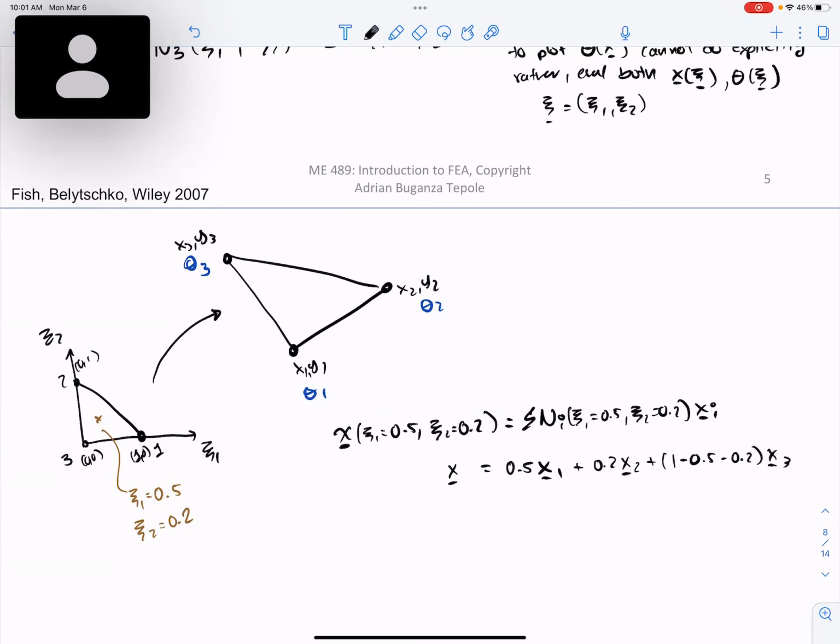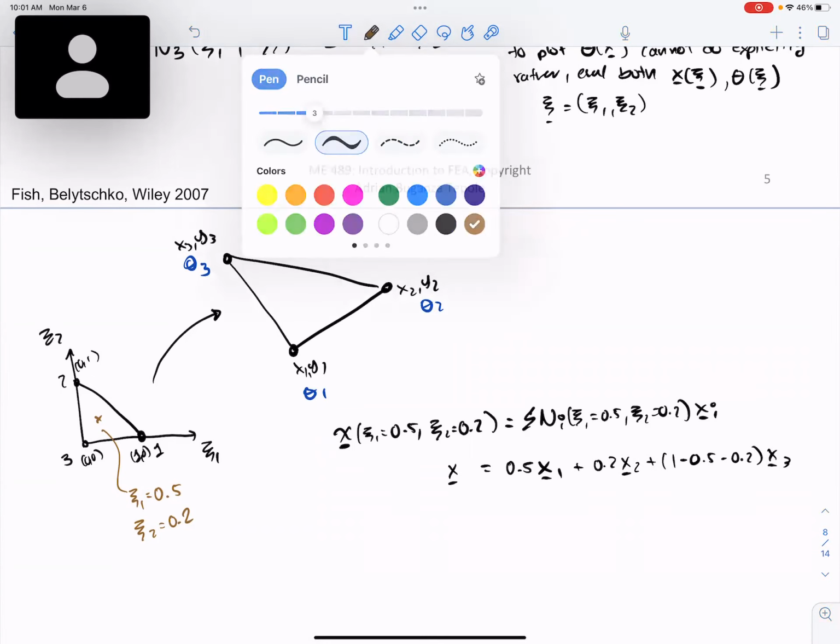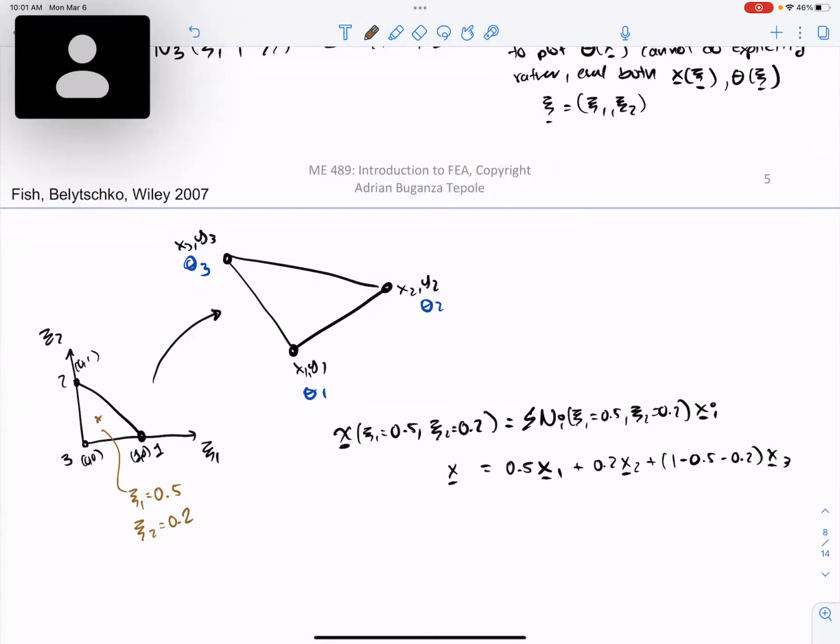So that will give us some x somewhere in the middle of that triangle. I don't know exactly where.